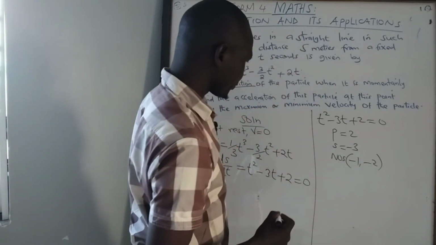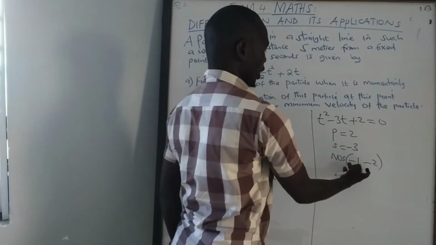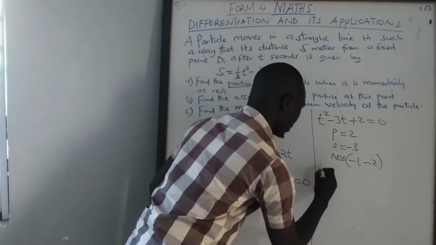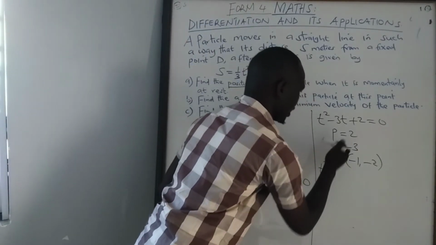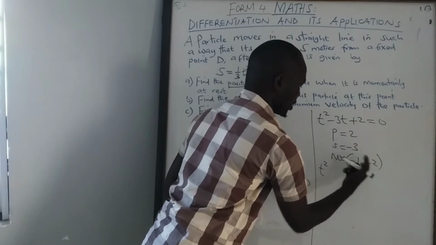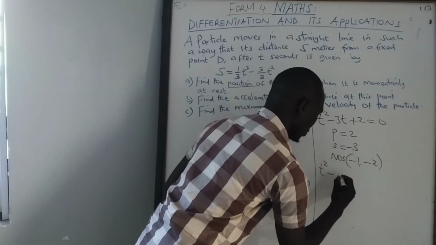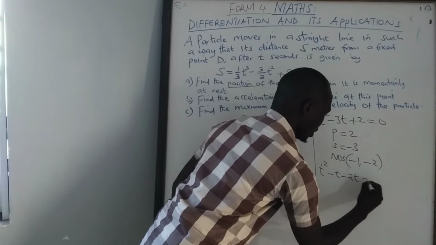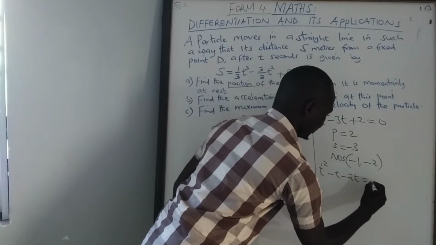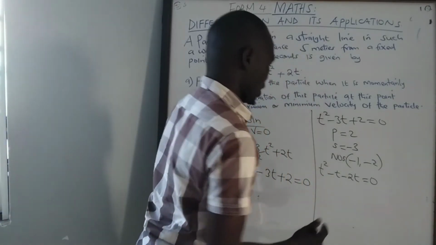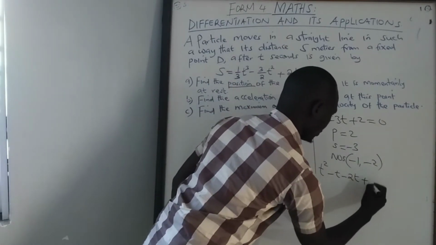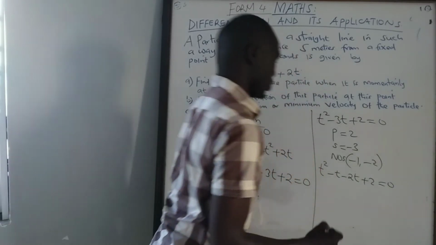From there, we go and use them to do the expansion. So we are going to start with t squared, then instead of this middle term, we use the numbers, which is the same as minus 1t or minus t, minus 2t, plus 2, and this is equal to 0.